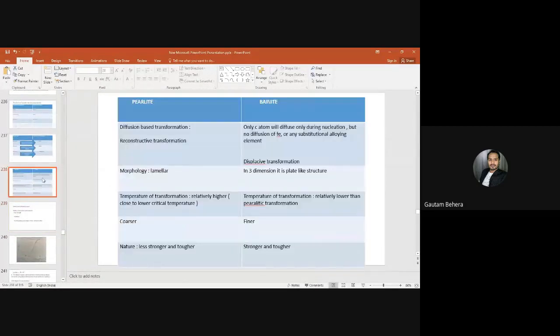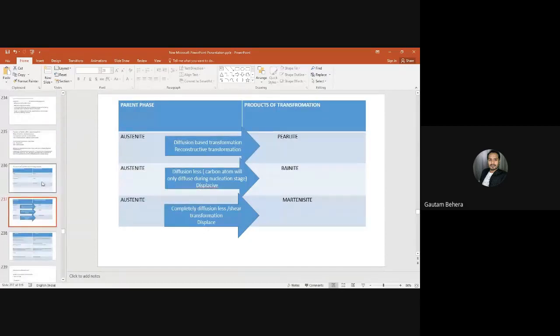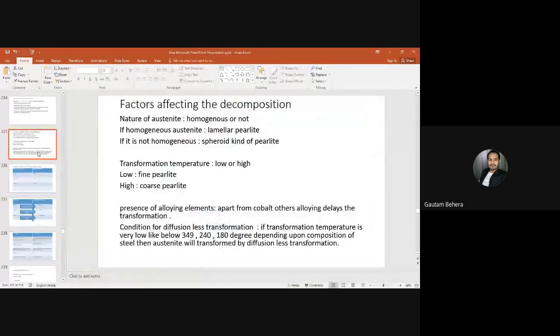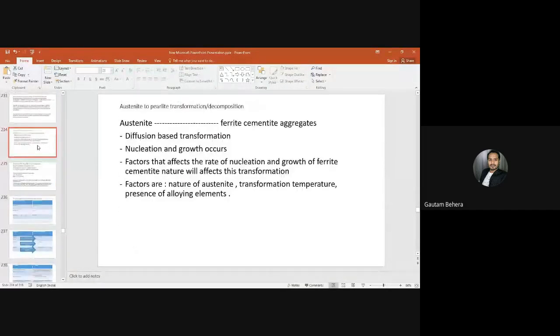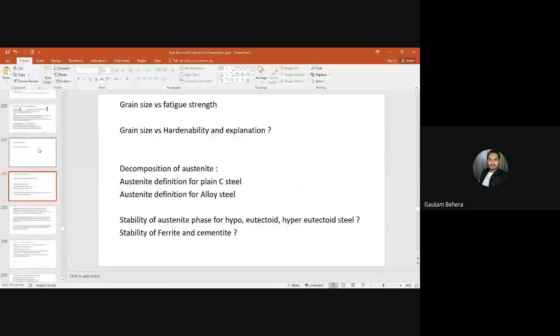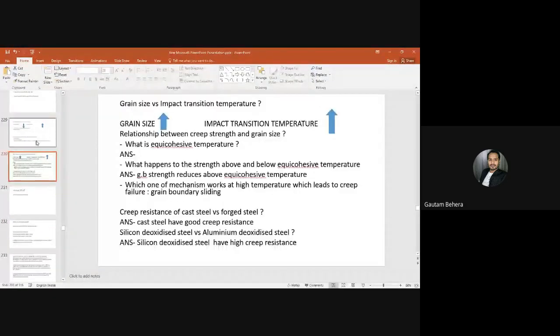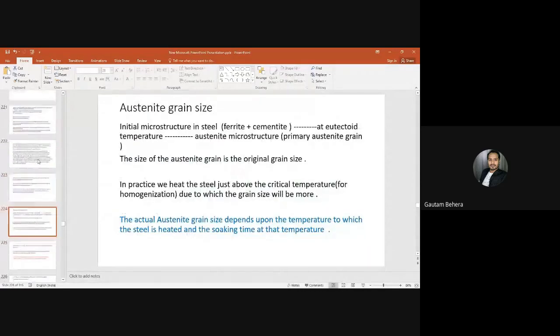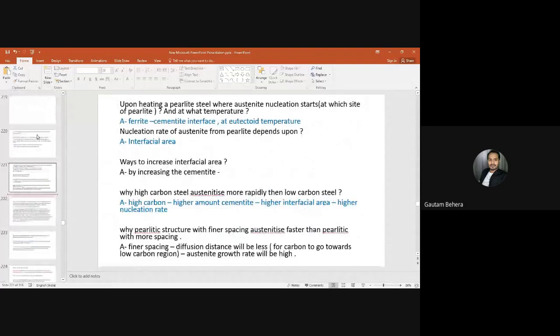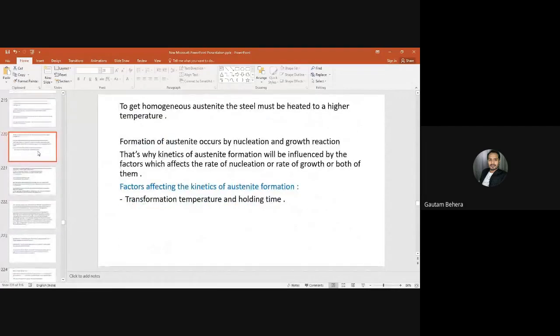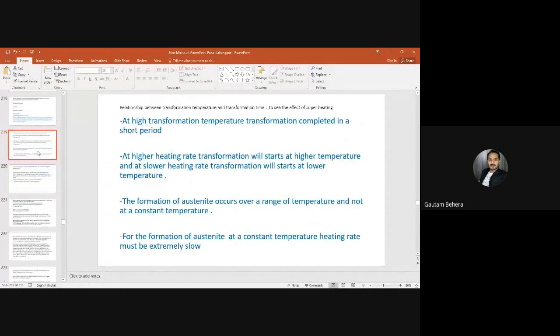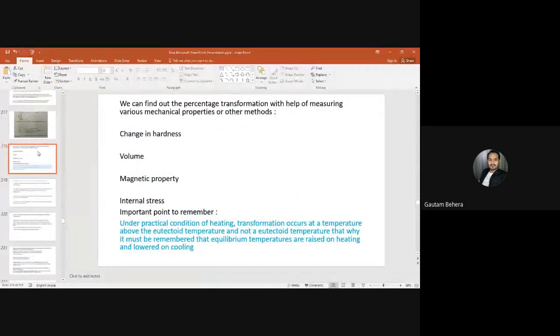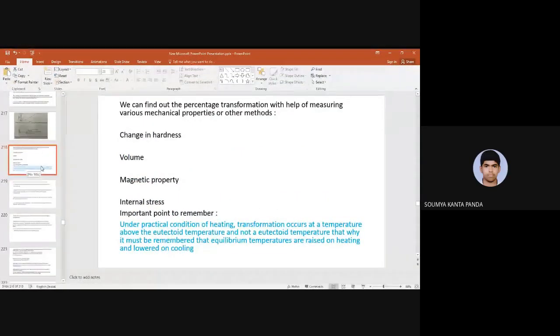Can anybody answer? What happens to the carbon when we do quenching? Sir, it is present in the voids.